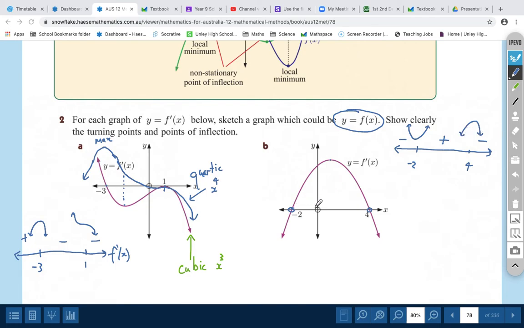Again, where we choose to put these is somewhat arbitrary. Maybe I put the minimum down here somewhere. It's not giving me a lot of room. There. Now, at this point here is where I'm going to have to change shape from concave up to concave down until I get to my maximum right there.